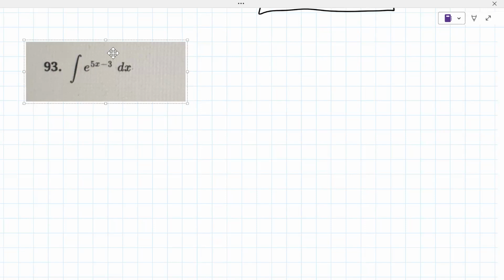Okay, 1/5 e to the 5x minus 3 plus c. Got it. Good. Really good.